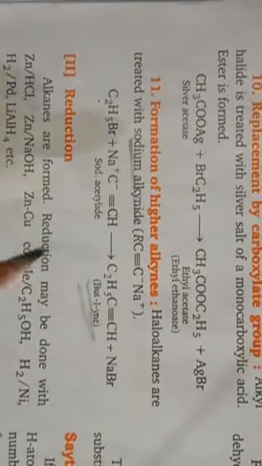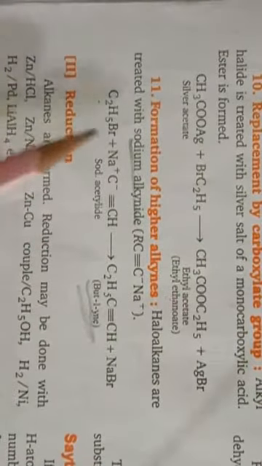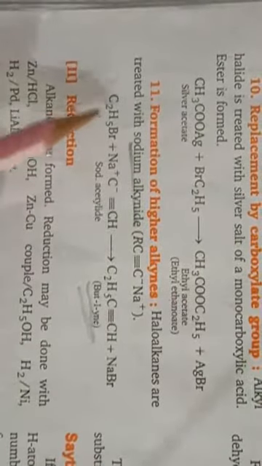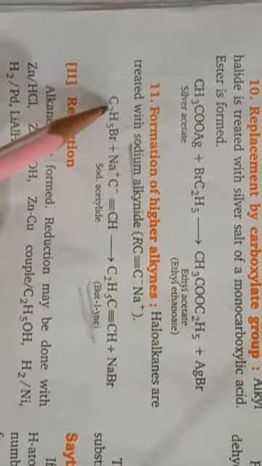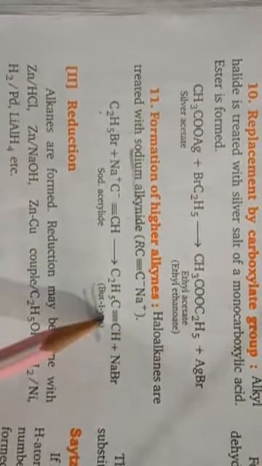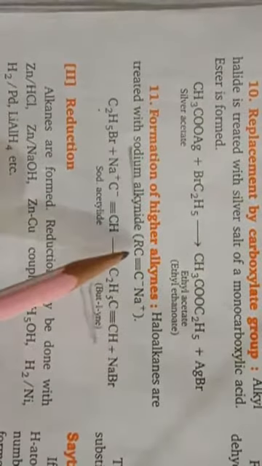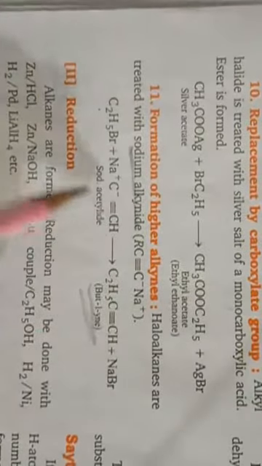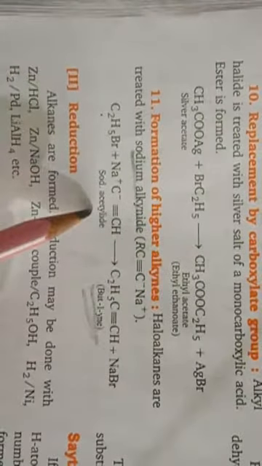Okay children, for example, if you want to convert an ethyl group, which has 2 carbons, into a chain of 4 carbons, we have to take sodium acetylide.